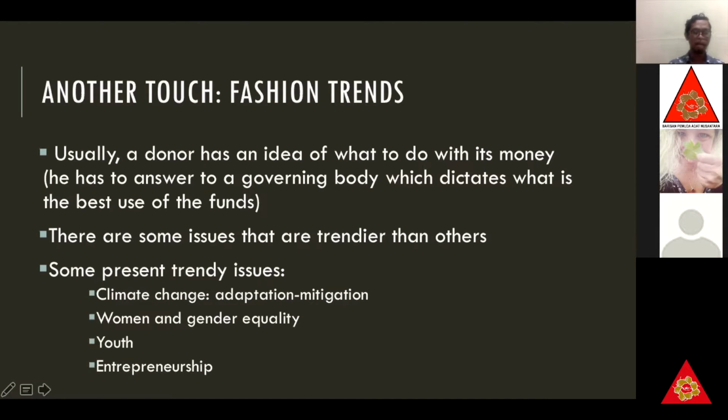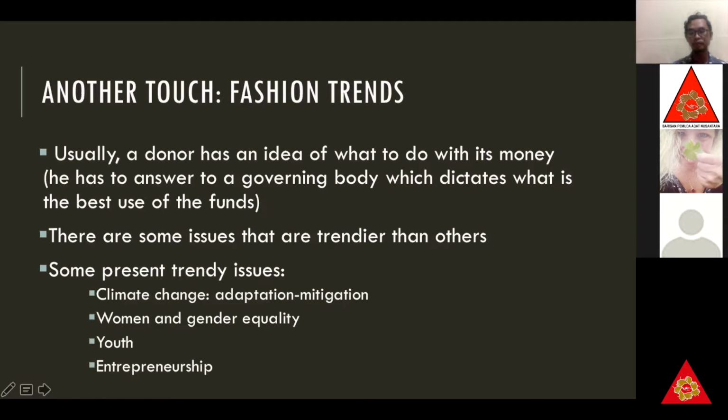And one other trendy issue is entrepreneurship. So a lot of people think that being an entrepreneur is a good thing, because the idea behind this is that if you help people that are young entrepreneurs or new entrepreneurs, they will contribute to, for example, create jobs, and to create wealth.